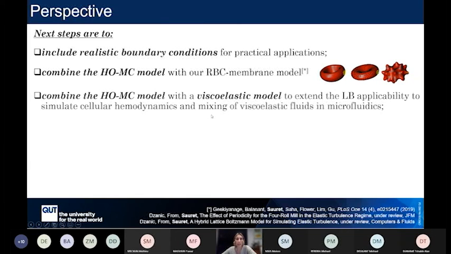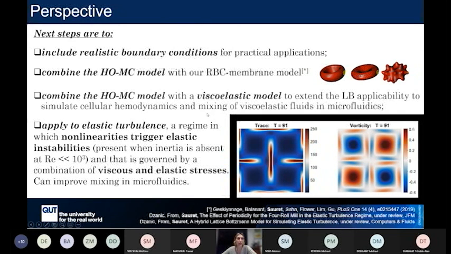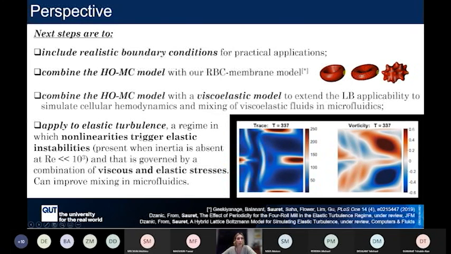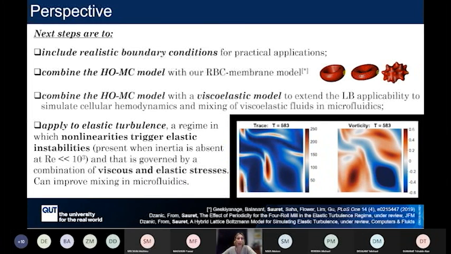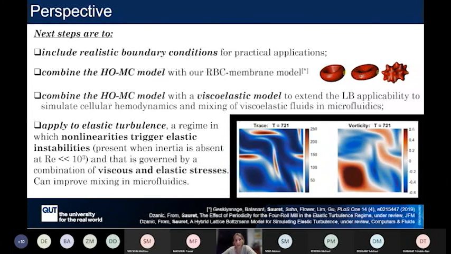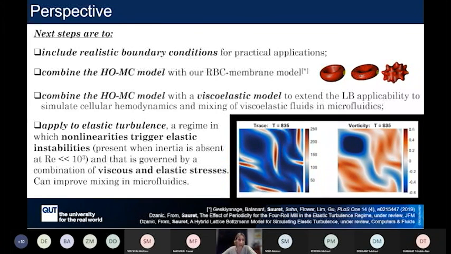Just because mixing is complicated at the microscale, especially at Reynolds number around 1, where there's nothing much other than diffusion to allow for mixing easily. So unless we move into active mixing technologies, there are some ideas around using elastic turbulence as a regime that can trigger instabilities and allow for improvements in mixing at the microscale.